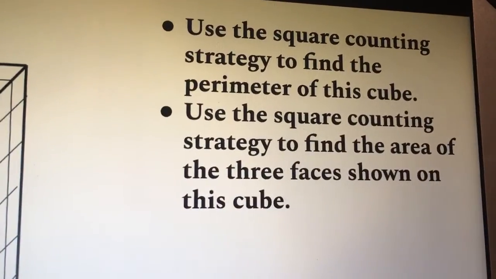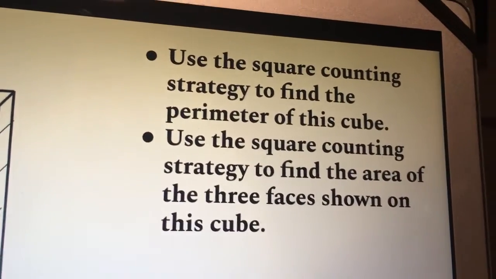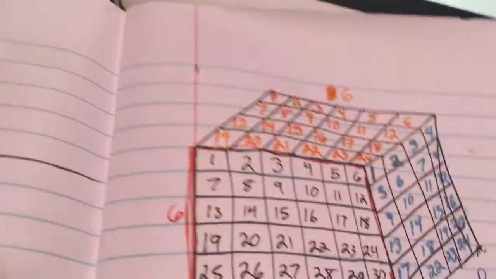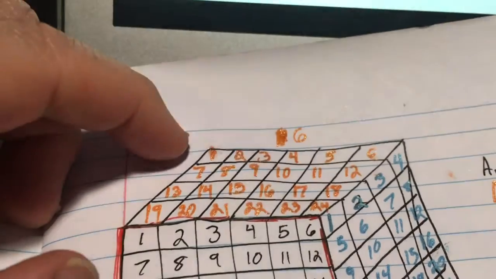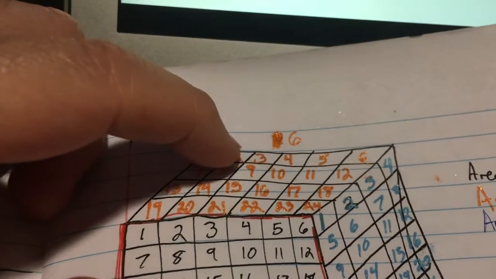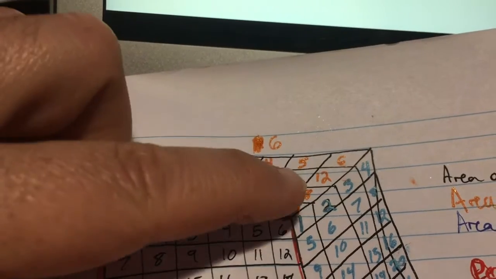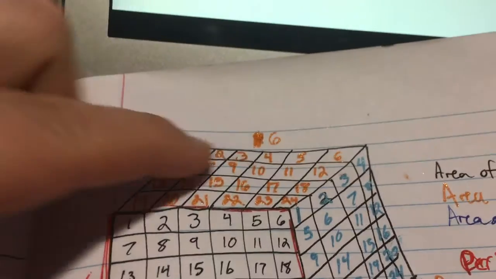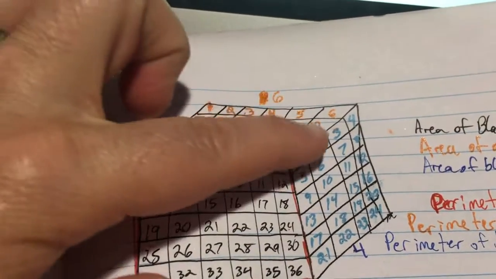Now we want to use the square counting strategy to find the area of 3 faces shown on this cube, which I have already done. You can see that I numbered also on the top, or in orange, 1, 2, 3, 4, 5, 6, 7, 8, 9, 10, 11, 12, 13, 14, 15, 16, 17, 18, 19, 20, 21, 22, 23, 24. So the size of the top of this cube is 24 in area.